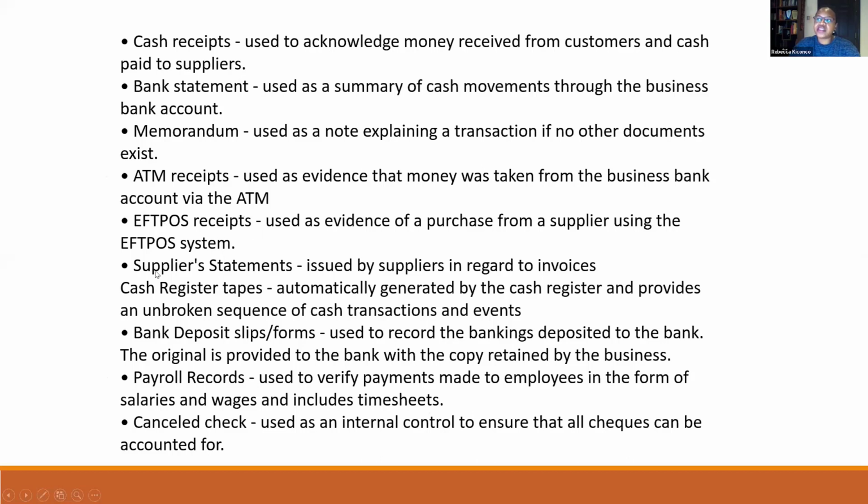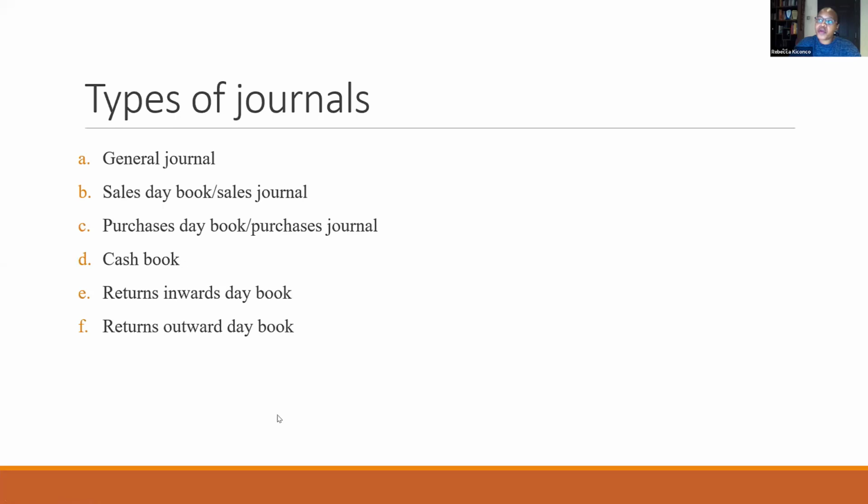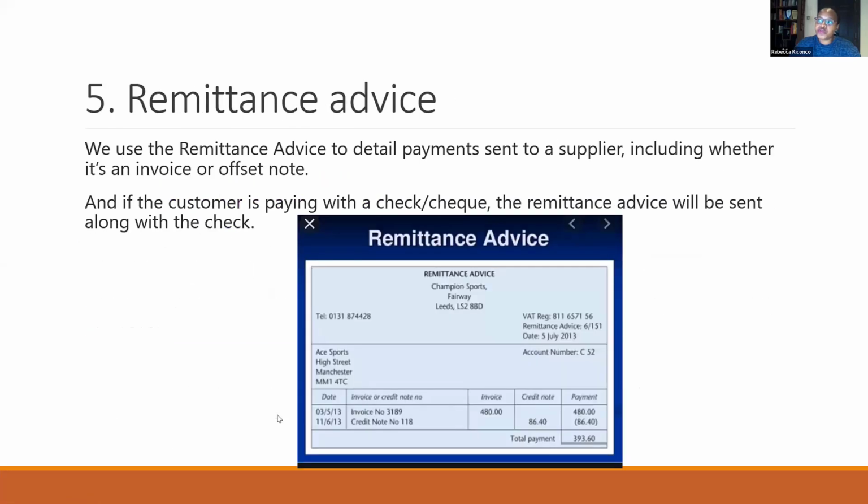The point of sale receipts, supplier statements, bank deposit slips or forms, payroll records, cancelled checks. We're going to look at that once we get to bank reconciliation, how the cancelled checks come in. So for your homework, please do what I've told you to do.